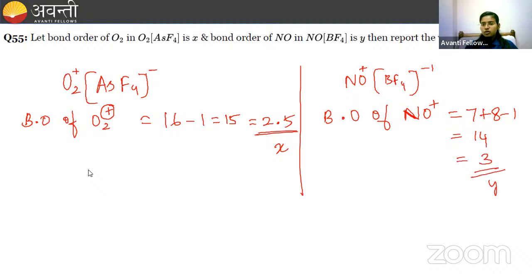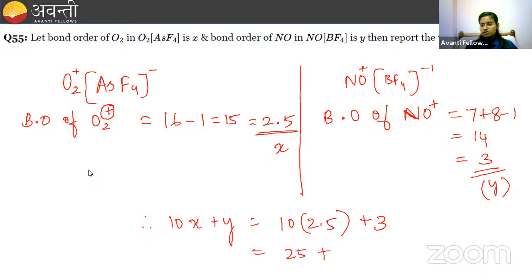So this is the value of Y. Therefore 10X plus Y is equal to 10 into 2.5 plus 3. 10 into 2.5 is 25, plus 3, which is equal to 28. So 28 is the value of 10X plus Y.